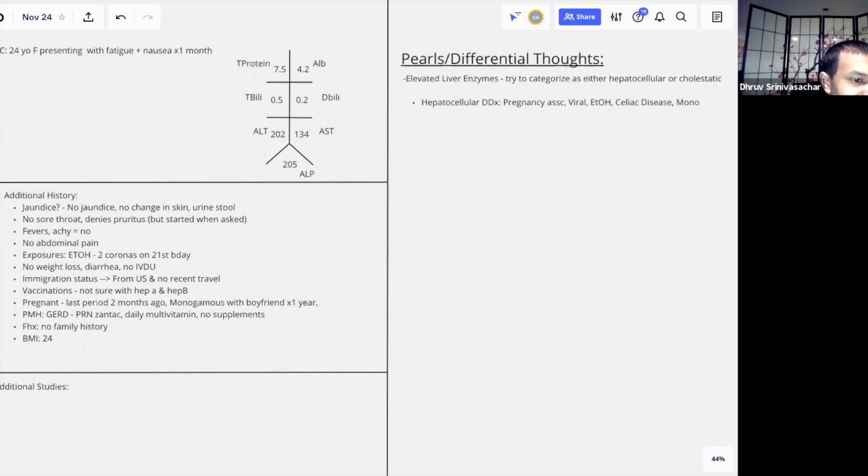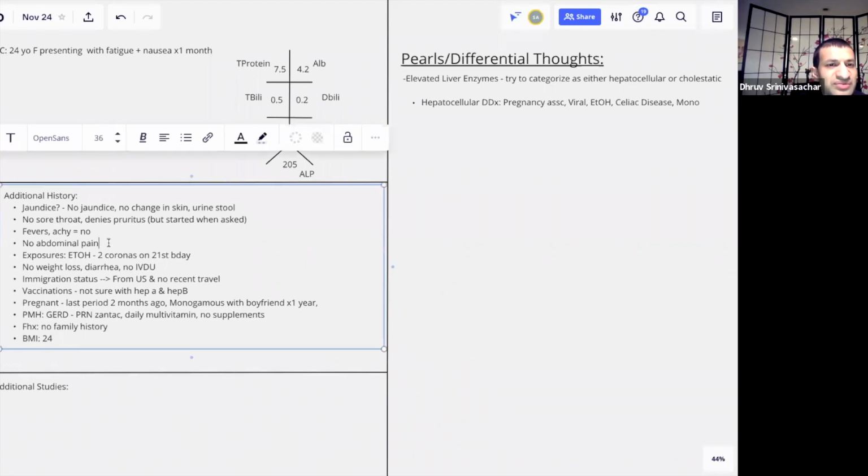I guess the other thing, they said no changes in the skin or anything like that. I would want to ask about hematuria or essentially any symptoms that would indicate hemolysis. Although, actually, come to think of it, scratch that. Her bilirubin is fine. It's the transaminases that are screwed up.